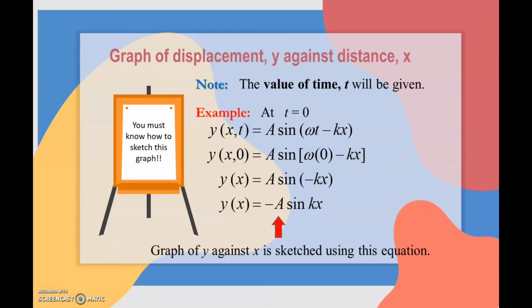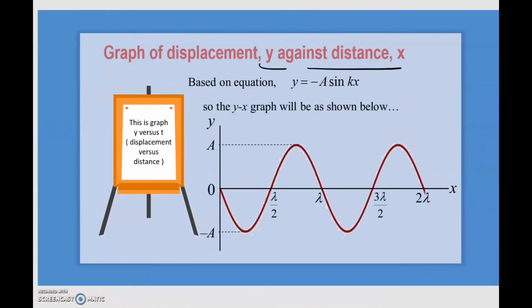So when t equals 0, we have y equal to negative a sine kx. So when we have negative a, the graph will be like this. Start from negative, downward. This is our wavelength. One wavelength for one oscillation.